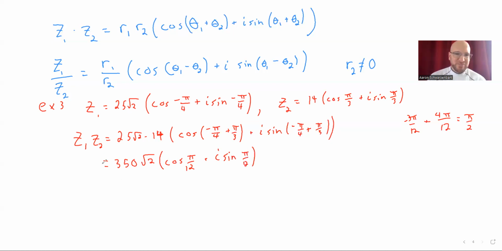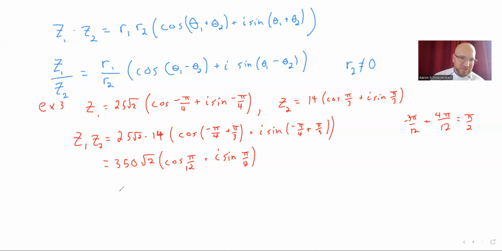We're going to convert this back to regular form or rectangular form. Now, I could have converted each one of these into rectangular form and just multiplied them. Or I can do it this way. If you want it back in polar form, it's easier to do it this way.